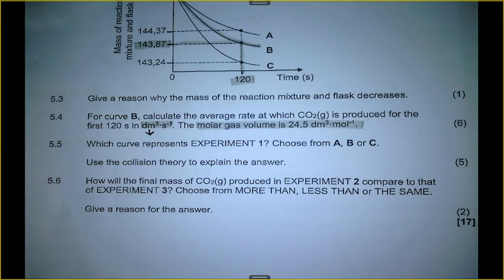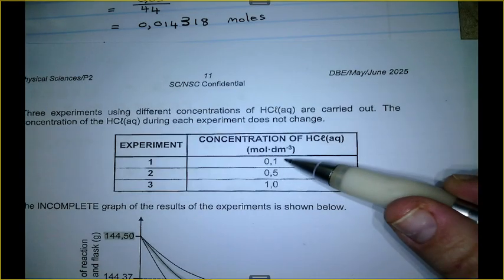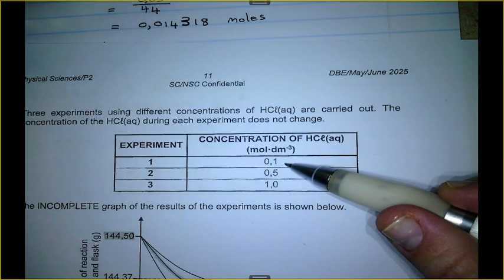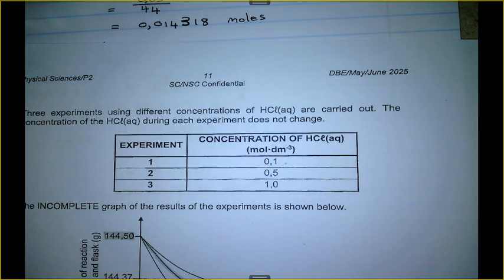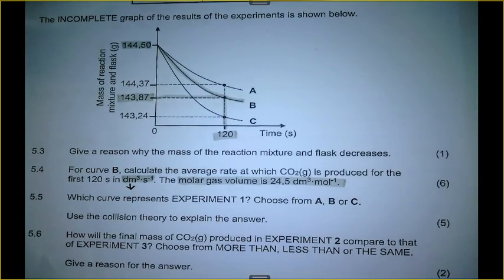Which curve represents experiment 1? Experiment 1 is the one with the lowest concentration, so we expect it to be the curve that represents the reaction with the lowest rate.